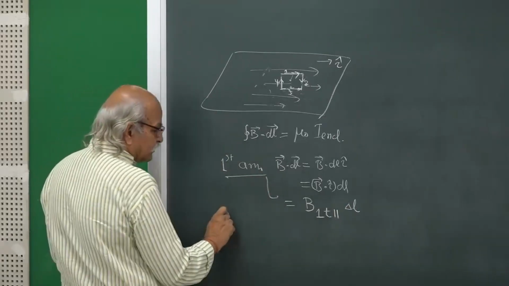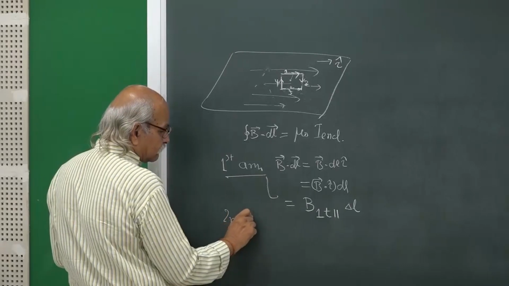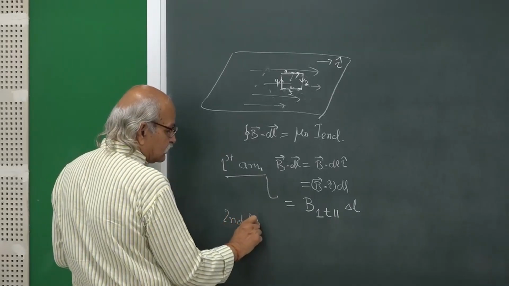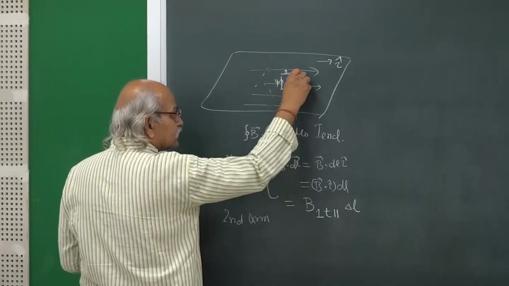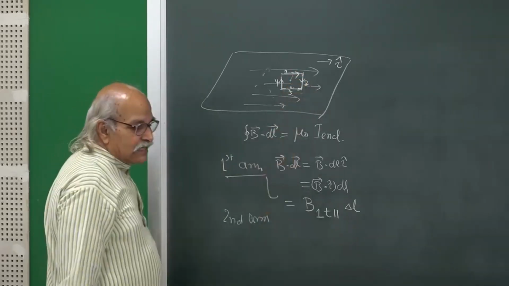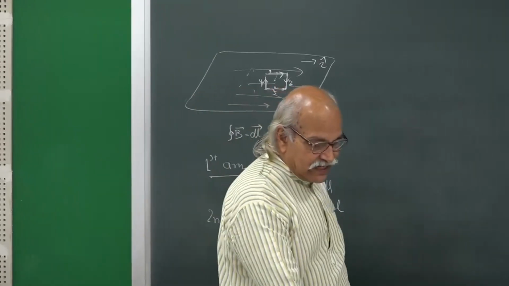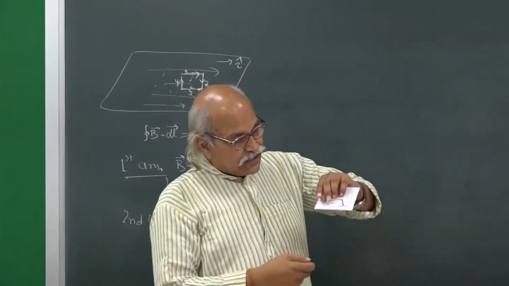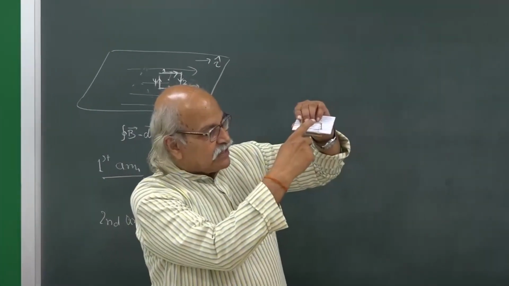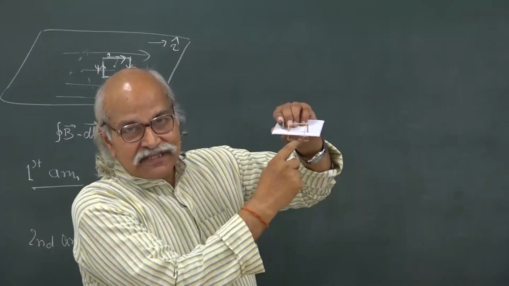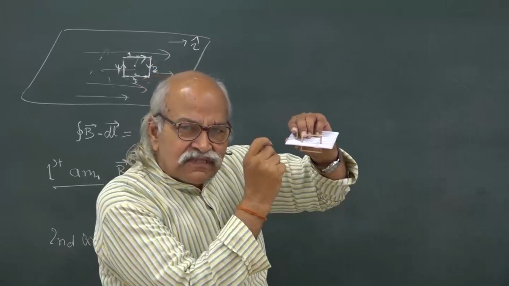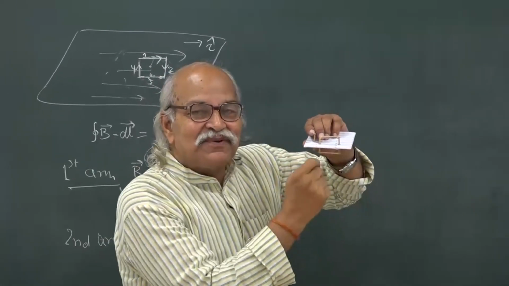Okay. Now, second arm. Second arm is this one, this length. Once again, the two points that we have taken, here a point and here a point, are above the surface and below the surface. They are just above and just below.